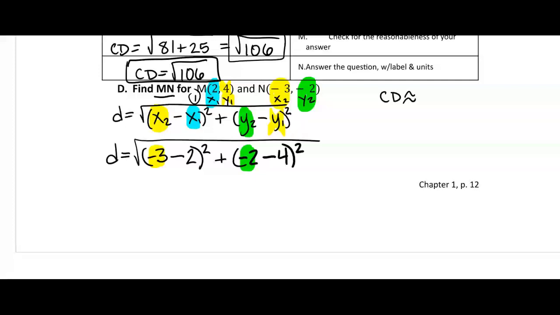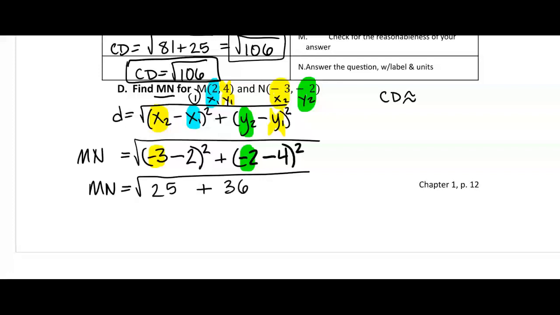Now we can simplify. Also, we're finding mn specifically once we've put in our values. So mn equals the square root of -3 minus -2 is -5. -5 squared is 25. At this step, once I don't have squares anymore, I should have all positive numbers in here. -2 minus -4 is -6. -6 squared is positive 36.